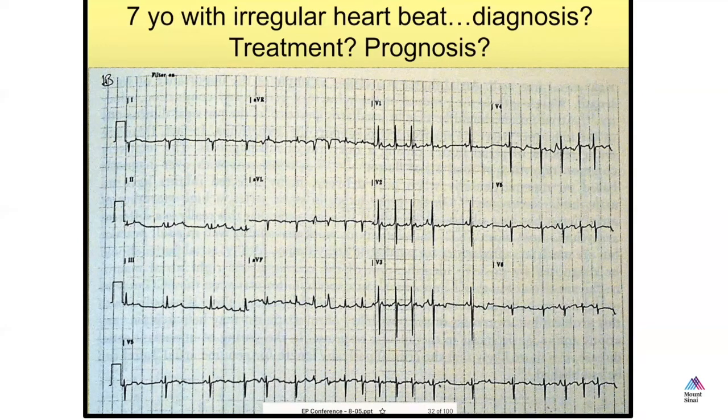We haven't seen a case of this in a while, by the way. This is an old tracing from an EP conference from like 17 years ago that I gave, but an oldie but a goodie. So it looks like the heart rate is around 70 initially.